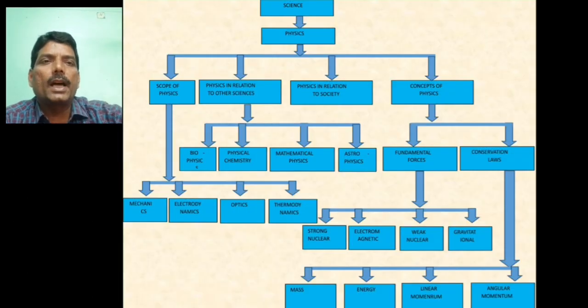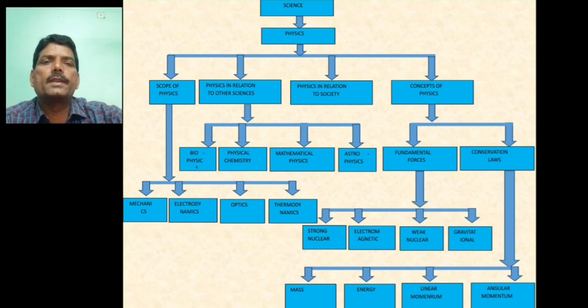So, here is the chart. In this chart, you will find that the first one is science, in which we are going to discuss physics. The subject physics has various branches: scope of physics, physics in relation to other sciences, physics in relation to society, and concepts of physics.